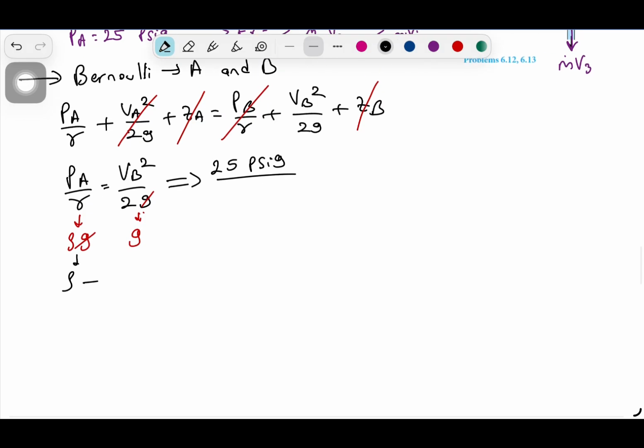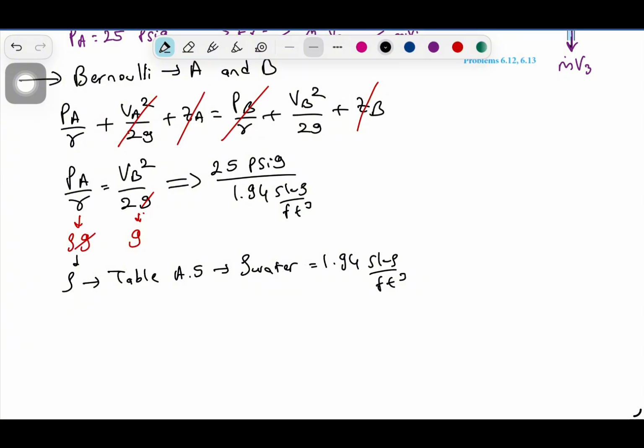And from the table, I don't remember, table 8.6, 8.5, you can find the density of water for this 70 Fahrenheit as 1.94 slug per cubic feet. So we have 1.94. And this is actually pound force per square inch.